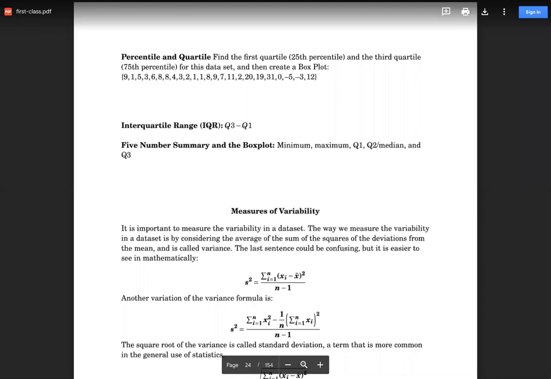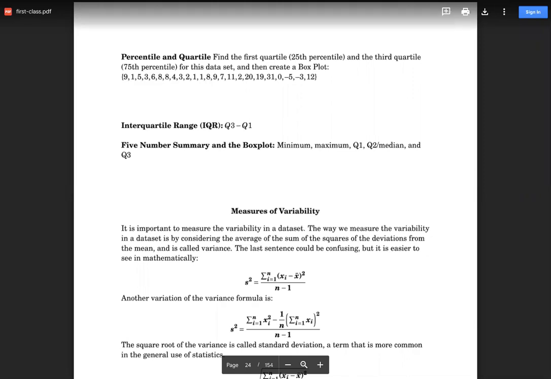Now we are going to talk about percentiles and quartiles, okay? Percentiles, quartiles, etc. This is another way of organizing and getting data. Find the 25th percentile and the 3rd quartile, the 75th percentile, for this data set.